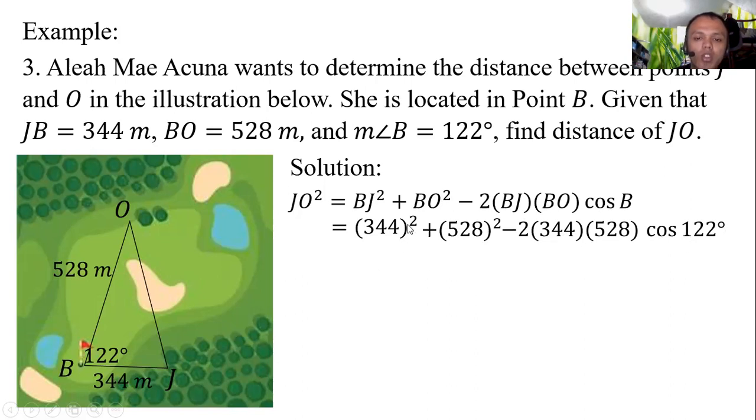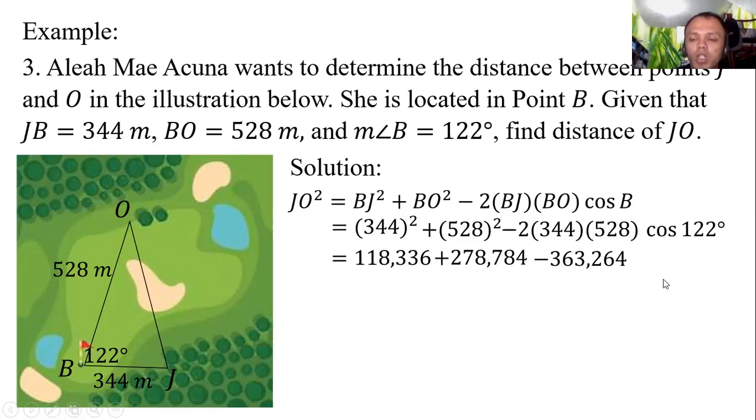Now, 344 squared is equal to 118,336 plus 528 squared is equal to 278,784 minus 2 times 344 times, 2 times 344 is equal to 363,264 multiplied by 528.